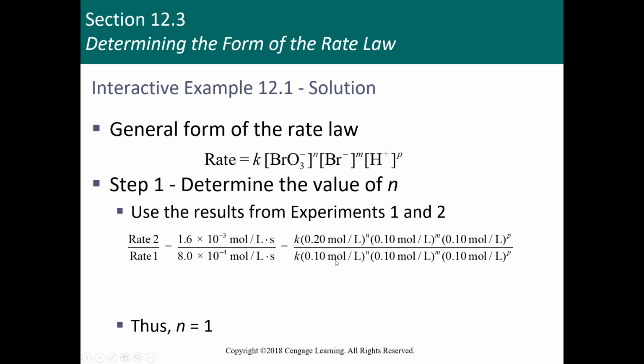That's the concentration from the first run of BrO3 minus to the power of n, because we don't know that, times the concentration from that first run of Br minus to its power order, which we again don't know, times its concentration from the first run of H plus from that table again, and this would be again to an order we don't know. And so this is actually why we need these values to match up.